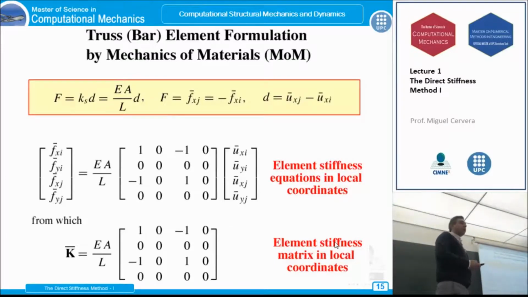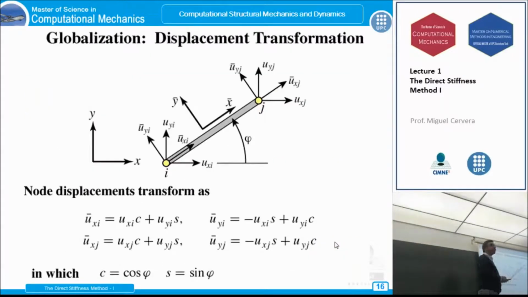So what have we got so far? We have considered a generic element, and we have the stiffness matrix of the element in the local coordinates. So what do we do next? We globalize. We take this element that we have somewhere on the work table, and we put it back in its place. To put it back in its place means to change this local relationship into the global system.